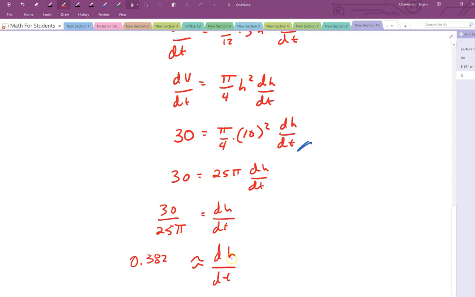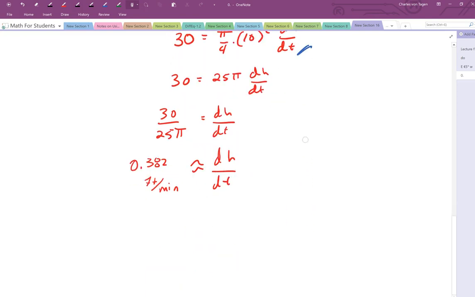What are the units on that? Well, this is change in height. Height is measured in feet per unit time, and time in this problem was measured in minutes. So at that instant, when the cone has a height of 10 feet, the height of the cone is increasing at a rate of about 0.382 feet per minute.